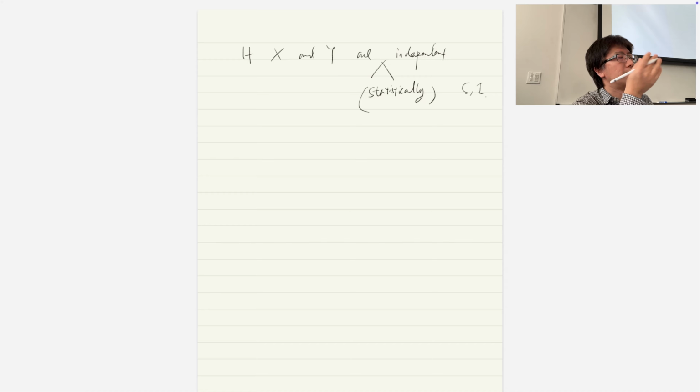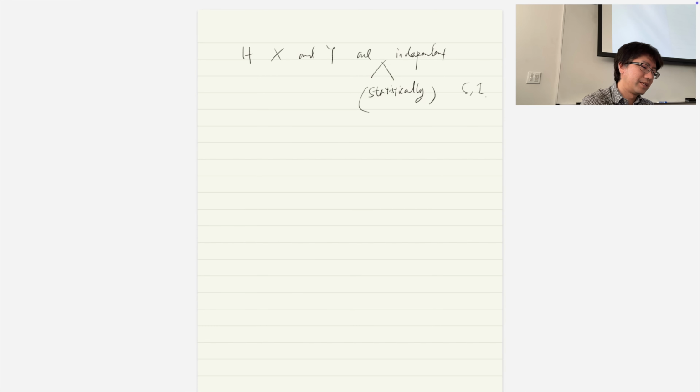The reason I emphasize that is that statistically independent doesn't mean logically independent. Two random variables could still depend on each other even if they are statistically independent. It's kind of weird, and we're going to cover that later.